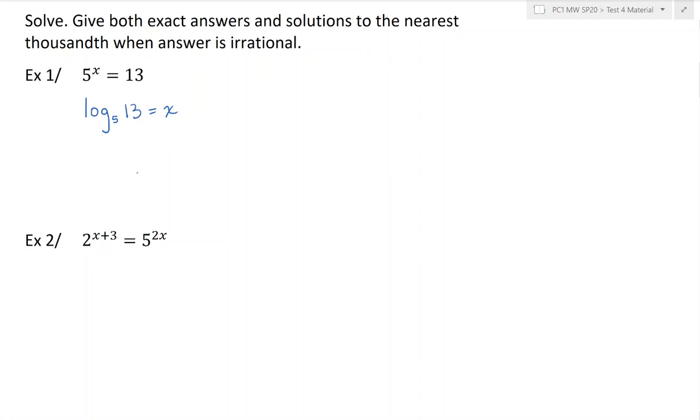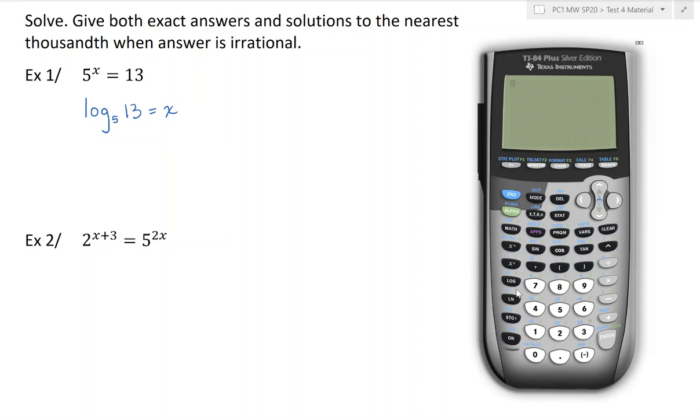Now we have this form we can use. You can either use your change of base formula or use the log base function in your calculator. So I'm going to use the change of base formula. Give us some extra practice with using that. So this is my exact answer, the log base 5 of 13.